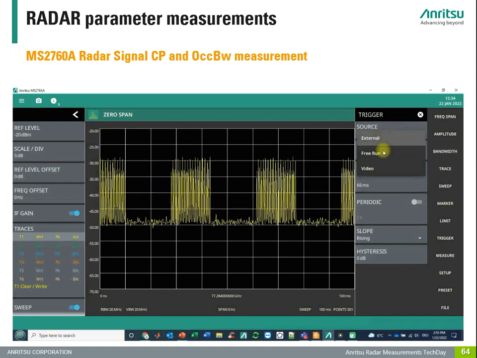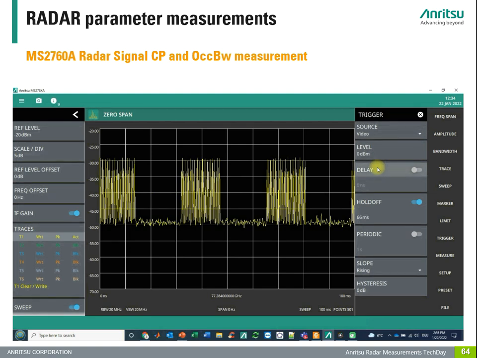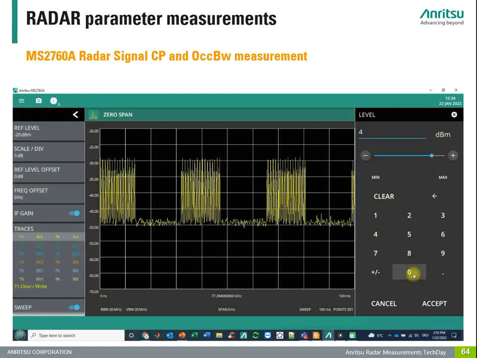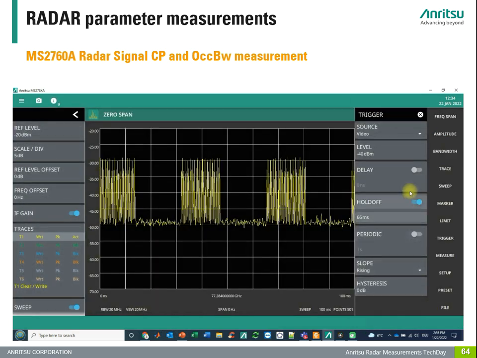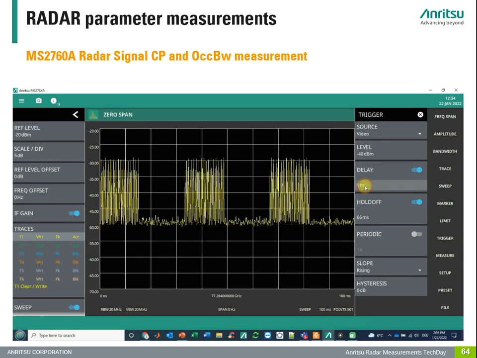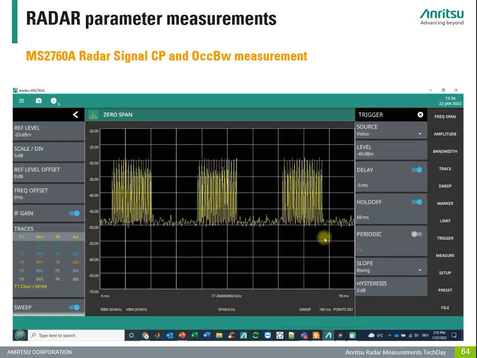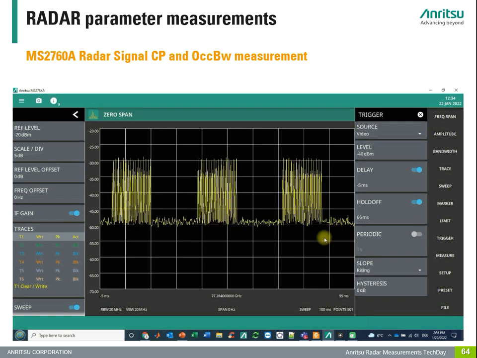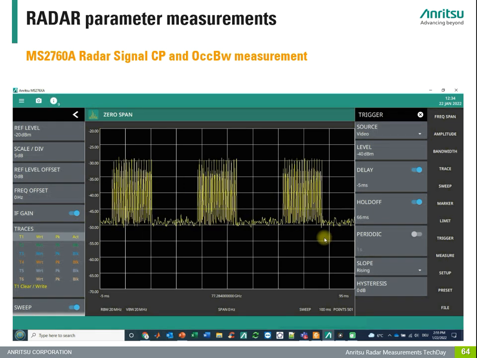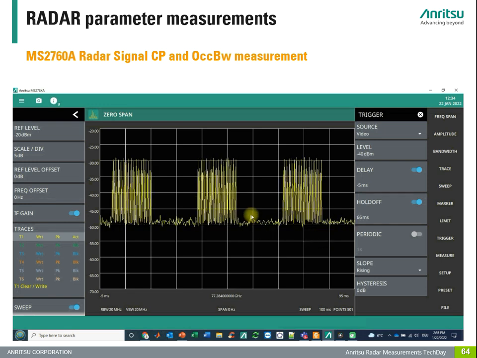We are going to video trigger source. Let's use a level of minus 40 dBm, and a negative trigger delay of minus 5 milliseconds. So we are getting now a stable readout.